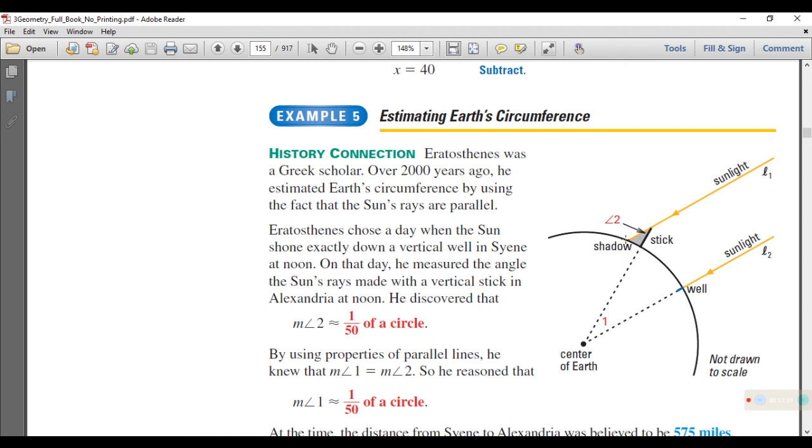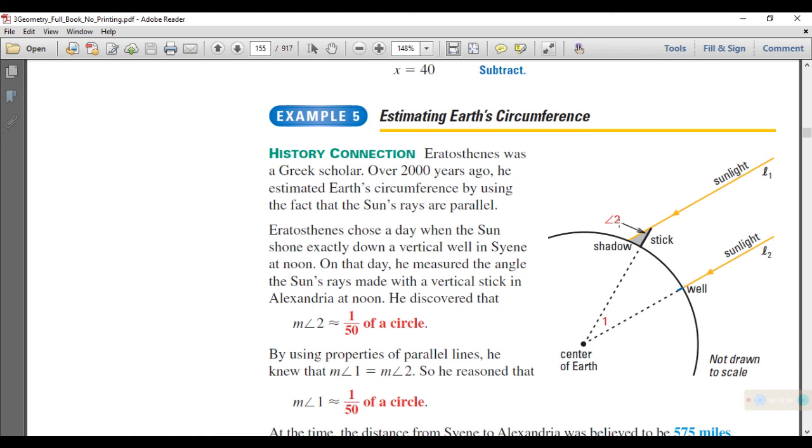By using properties of parallel lines, he knew the measurement of angle 1. So, kung i-extend mo ito, itong yellow na line, this is one parallel line. And then, yung inirect niya na stick, when you extend it, intersecting line 2 and line 1, it will serve as a transversal.